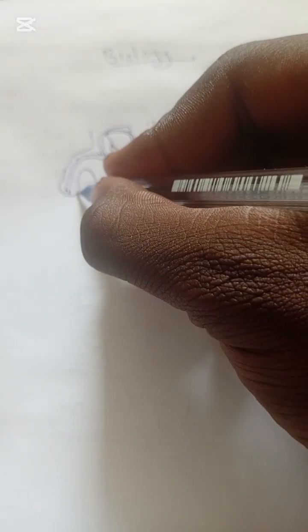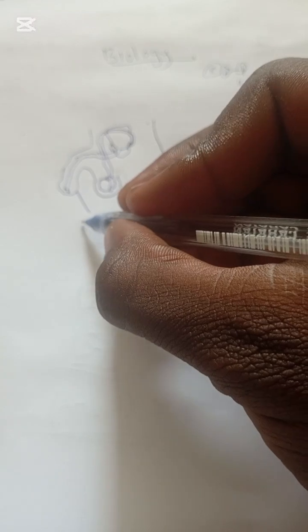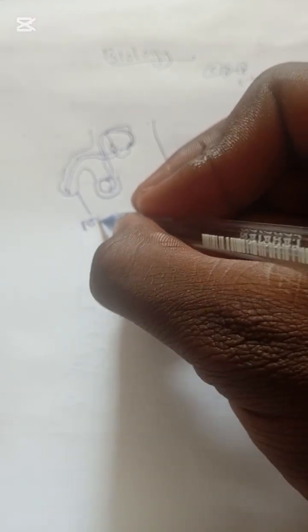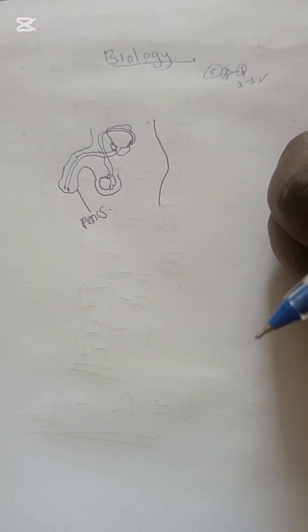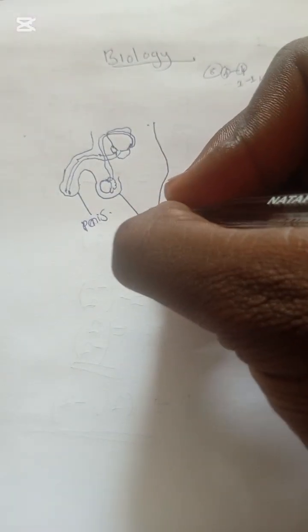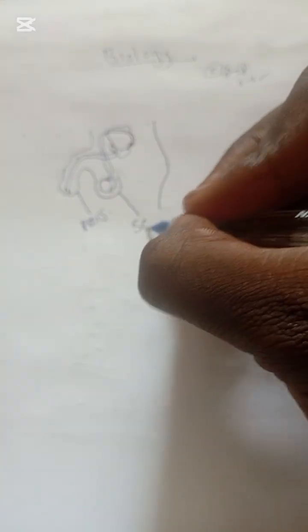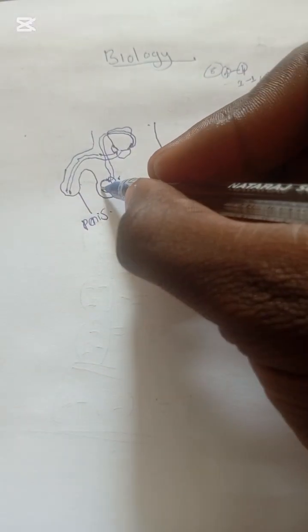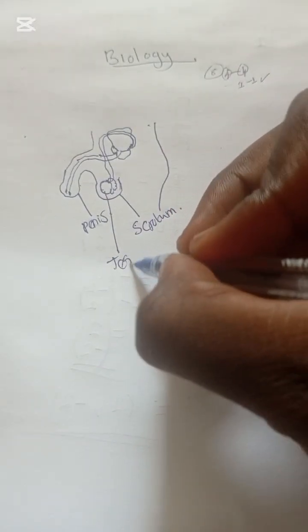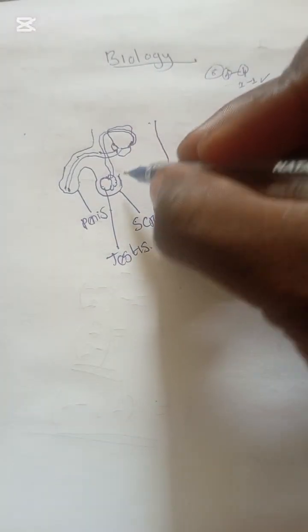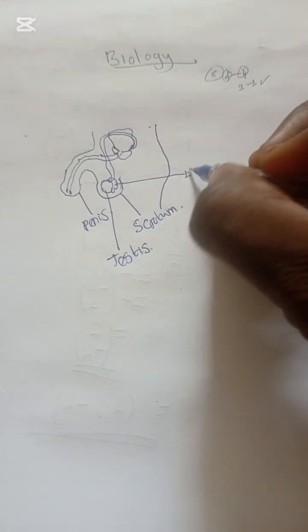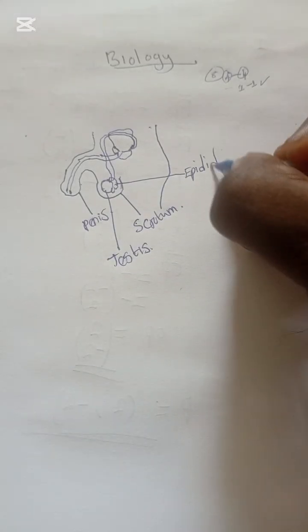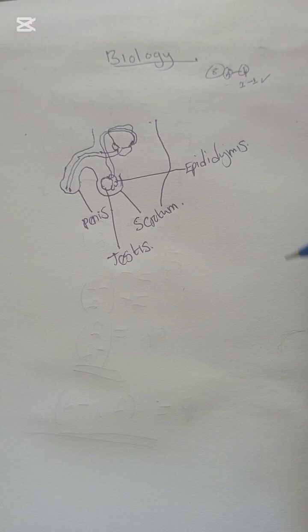So these are the most important parts. Starting with this, what's this part? Well known, penis. This one, scrotum. The scrotum covers the testis. Then here we have the epididymis. Do you know what I used to call this?